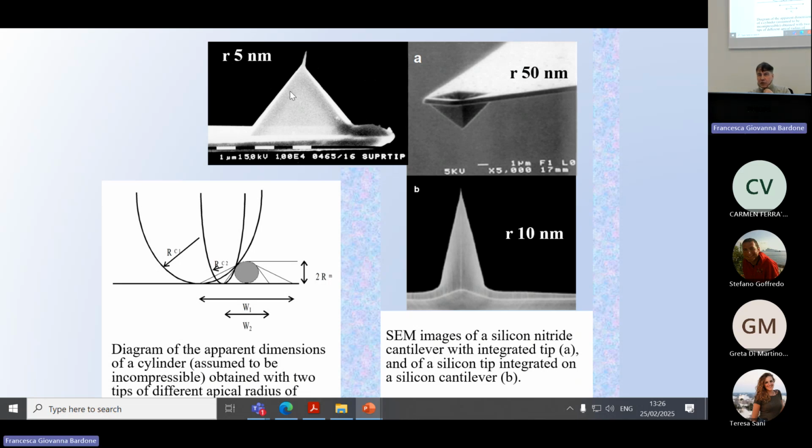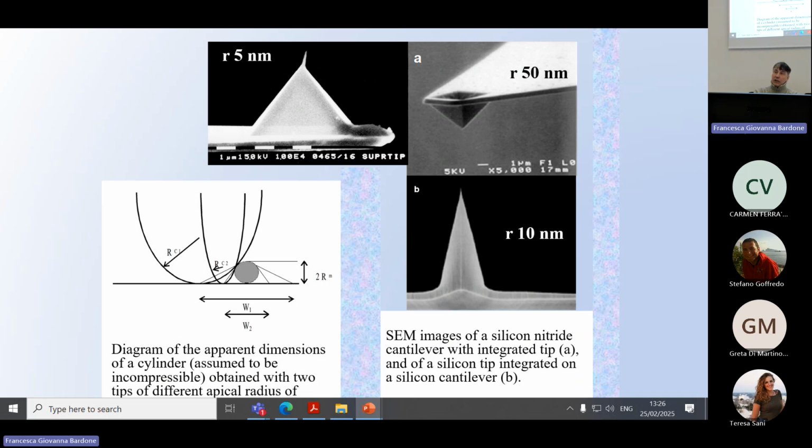Well, this is just a curiosity. This is a classical commercial pyramidal tip. You see on the top, I created another tip, just by putting the cantilever inside an electron microscope. Inside the electron microscope, you have contamination.